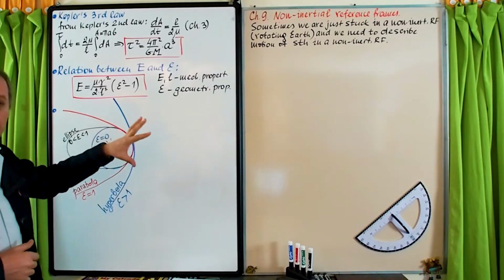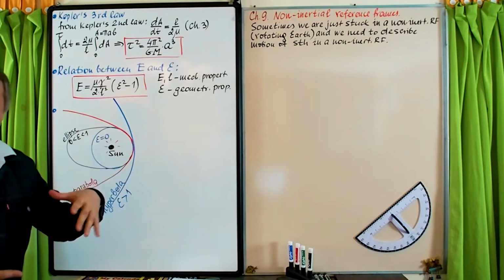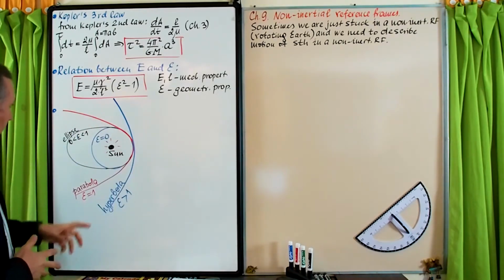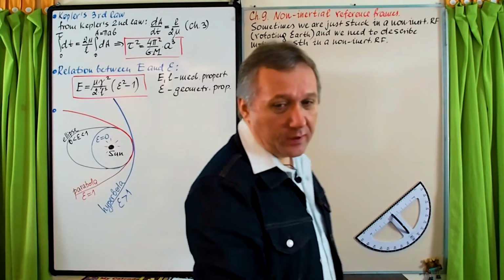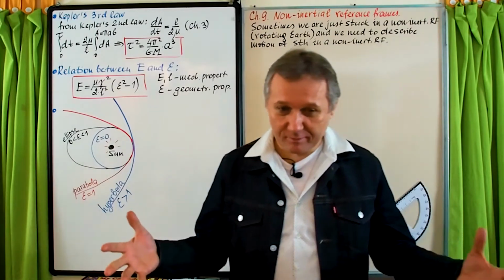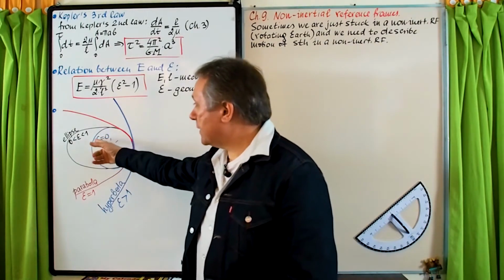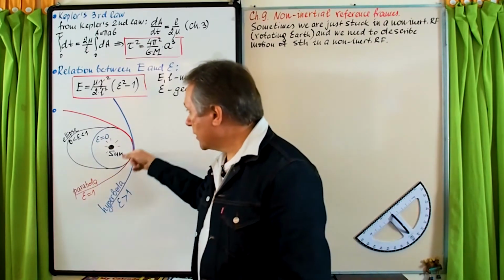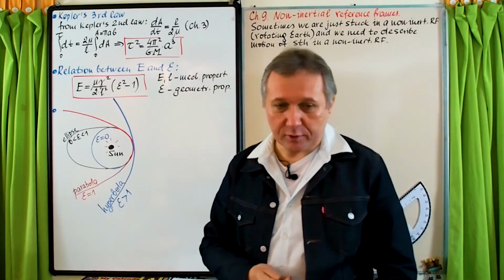Now, next, let's finalize and draw all the curves on the same picture, right? So here's the sun, that's where the origin is, right? If eccentricity equals 0, we showed it, in that case you're going to have a circular orbit with the sun at the center of the circle.